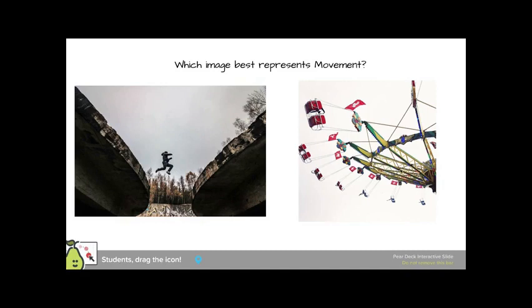And then the image over here on the right-hand side, we're all pretty familiar with this, I guess, contraption. This little fun thing that we've all seen, the huge swing at most carnivals or amusement parks.